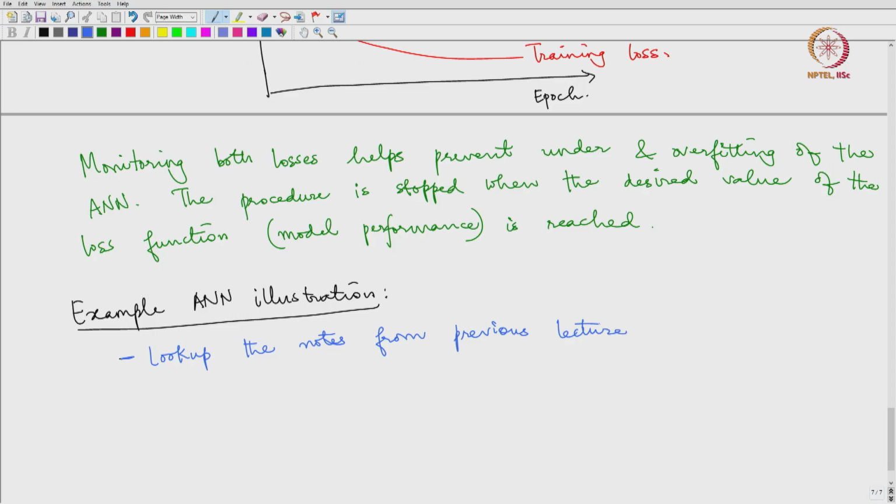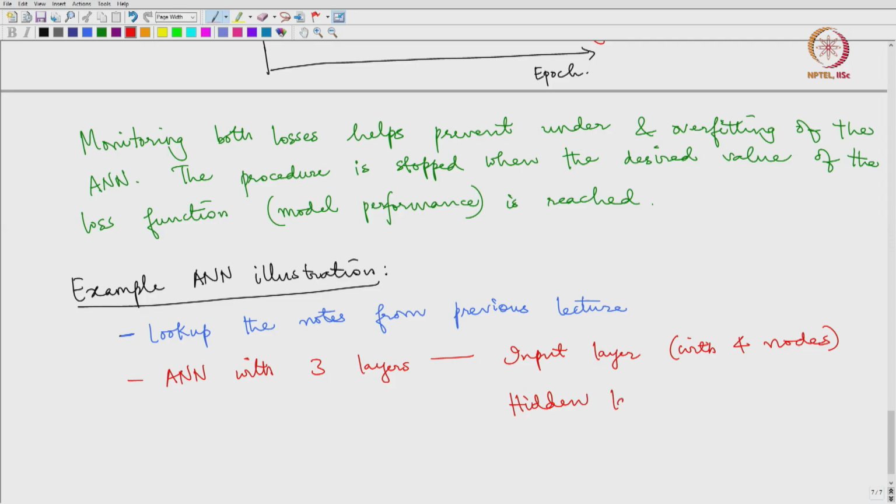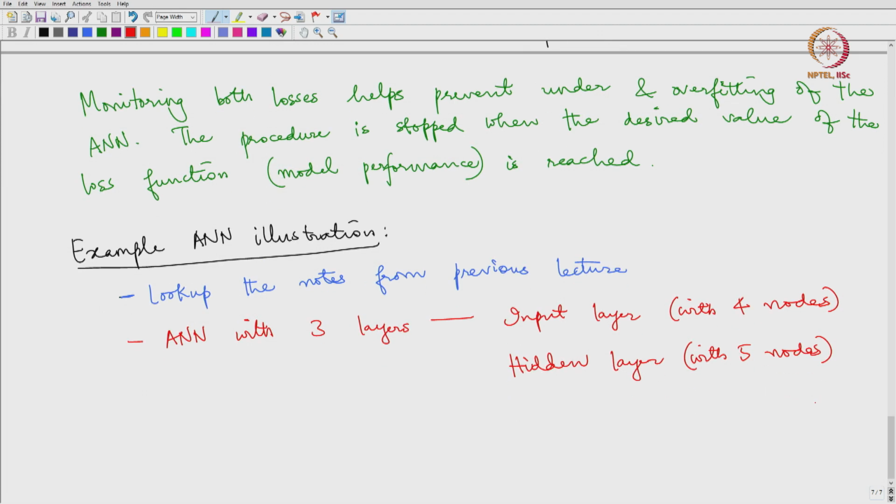You will remember that we considered an ANN with 3 layers. One was of course the input layer with 4 nodes or 4 features, then we had one hidden layer with 5 nodes, and then we had an output layer with just one node.